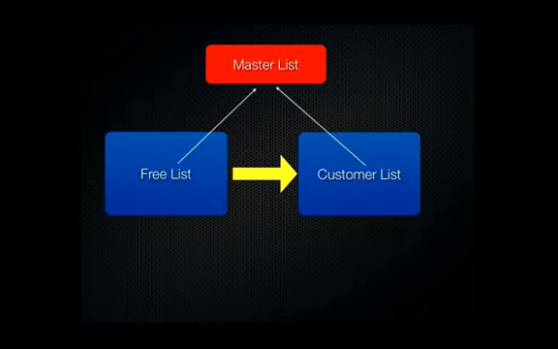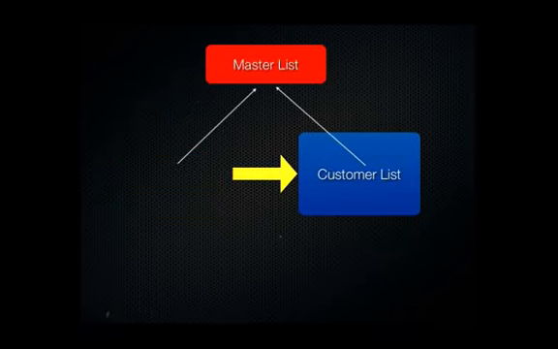So you want them to be added to that customer list, and Aweber can do that. As soon as they opt into that customer list, boom, they can be completely unsubscribed from the freebie list, and they're no longer on that list anymore. Again, they're still on the master list no matter what, but they're on the customer list now.